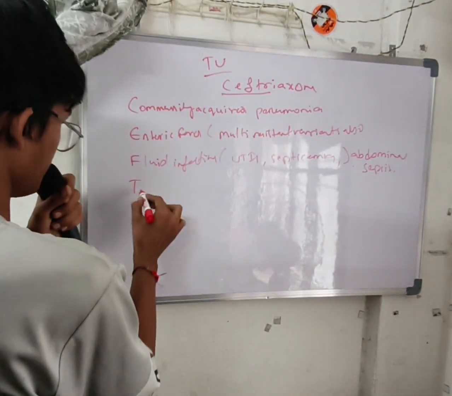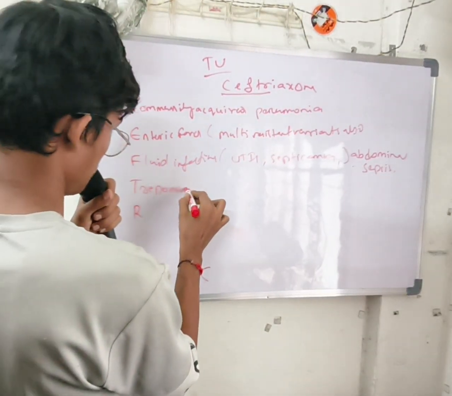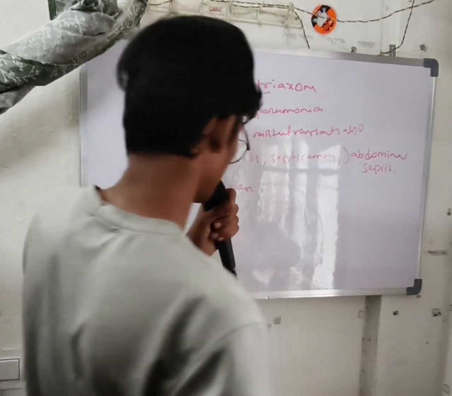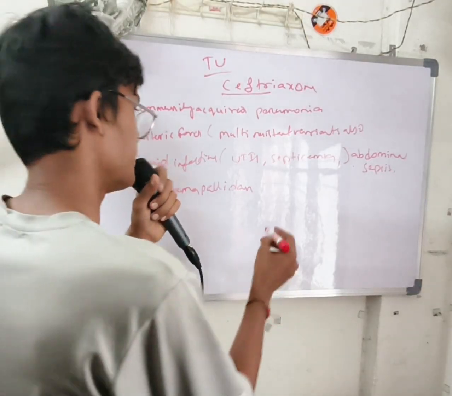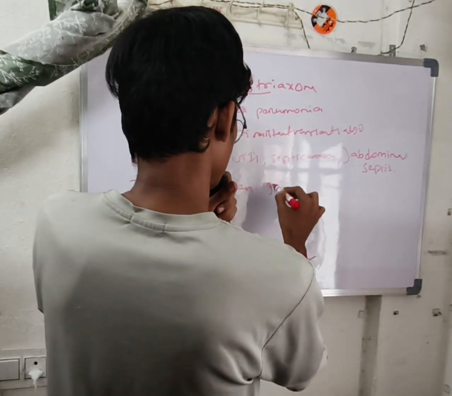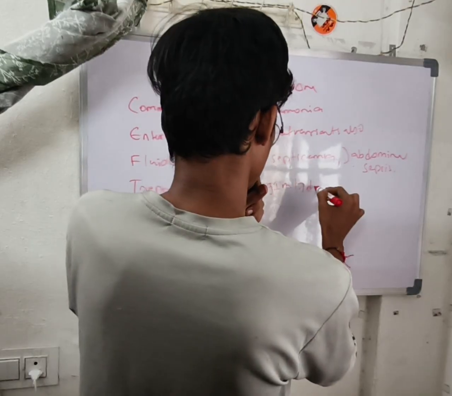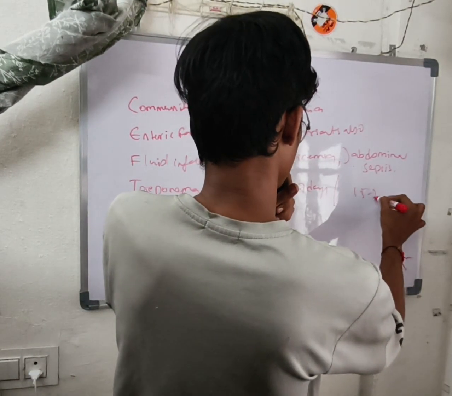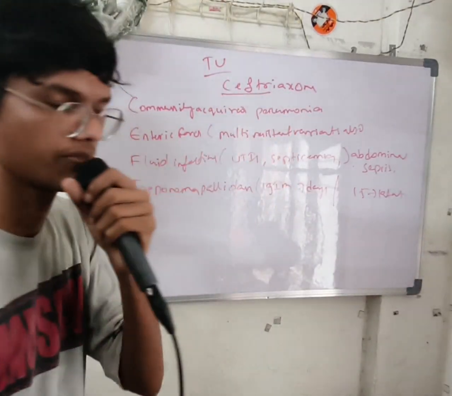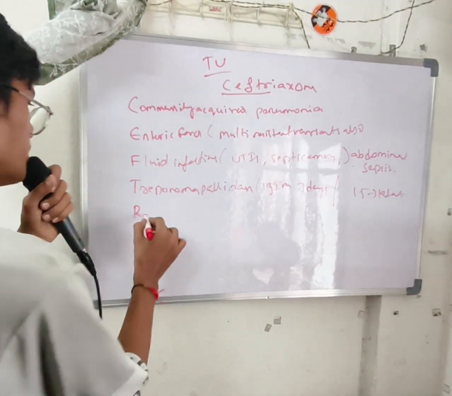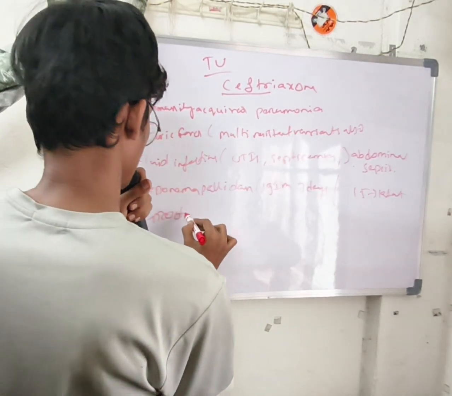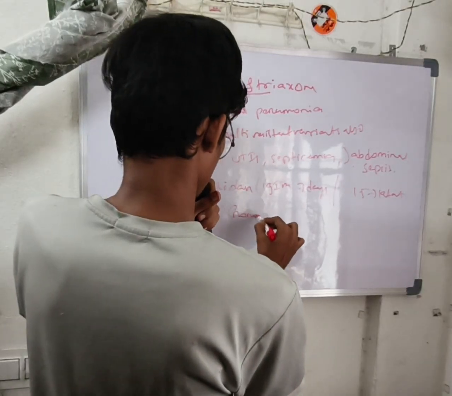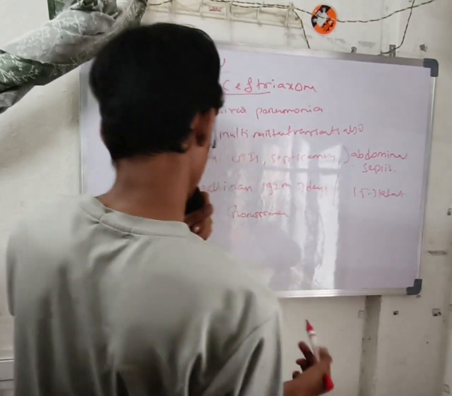And we can use it in Treponema pallidum. What does Treponema pallidum cause? It causes syphilis, right? In primary syphilis, we can give 1 gram IM for 7 days. But if it is latent syphilis, we have to give it for 15 days. And reproductive infections like gonorrhea, we can give it.